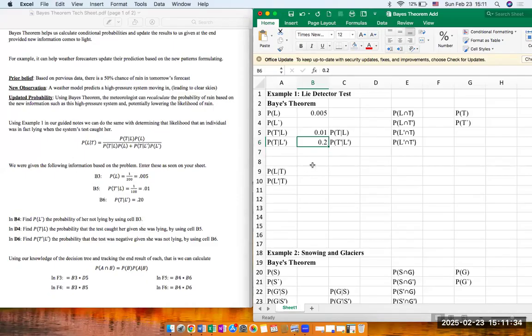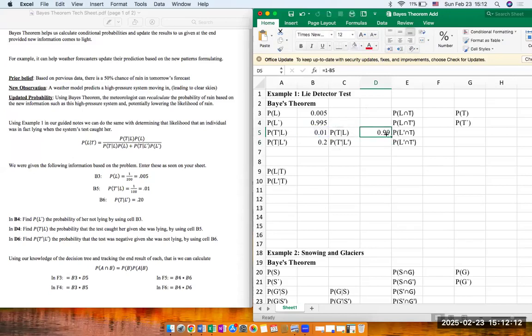Now, in B4, find the probability that we are not lying. It says just use cell B3. Well, these two are in fact opposites. If we're not lying, we take 100% and subtract the probability that you were in fact lying. Therefore, we get 0.995. Again, we now get to see your opposite counterparts. Find that we are lying and the test caught us. That would be here, which is the opposite of this one, so equals 1 minus this one.